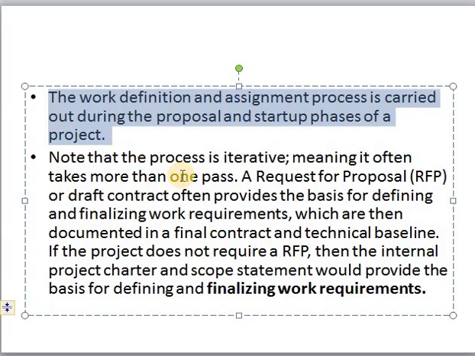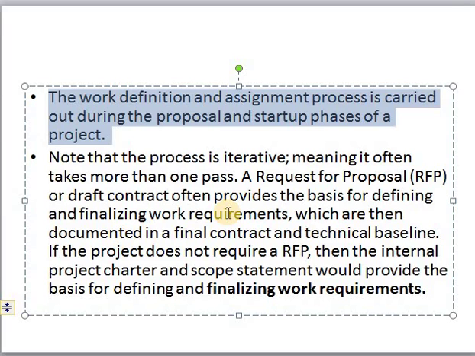The work definition and assignment process is carried out during the proposal and startup phases of a project. The work definition and the task assignment process is conducted at the start of the project phases.